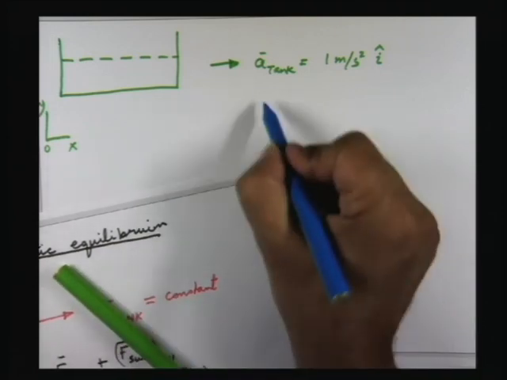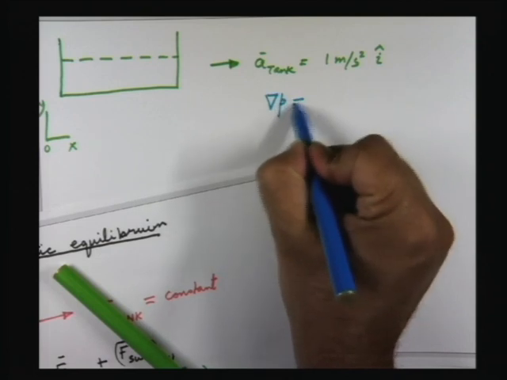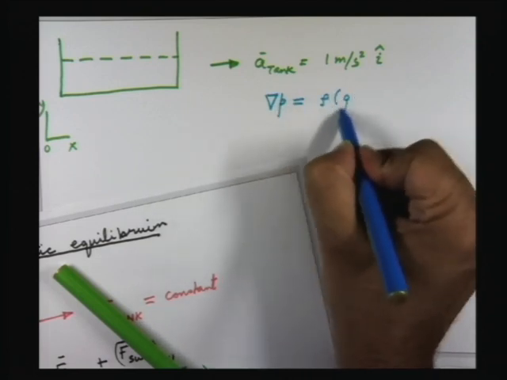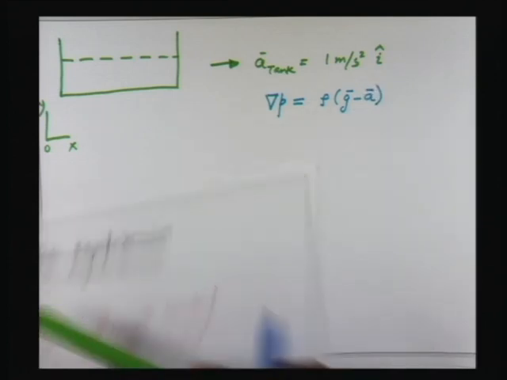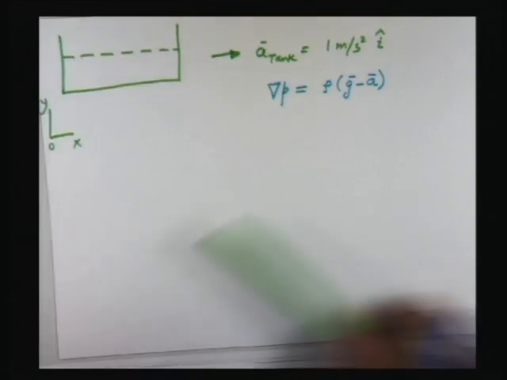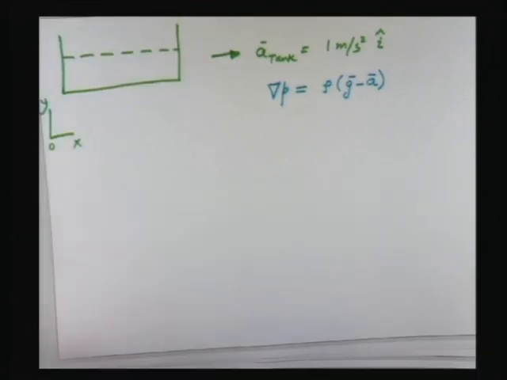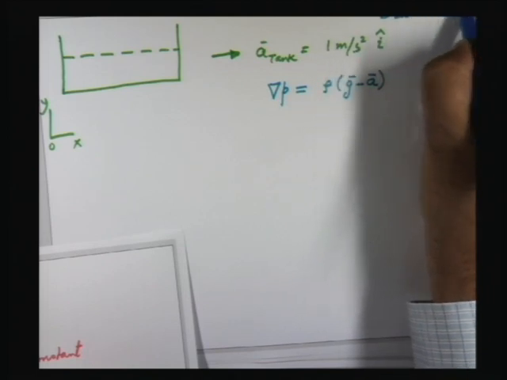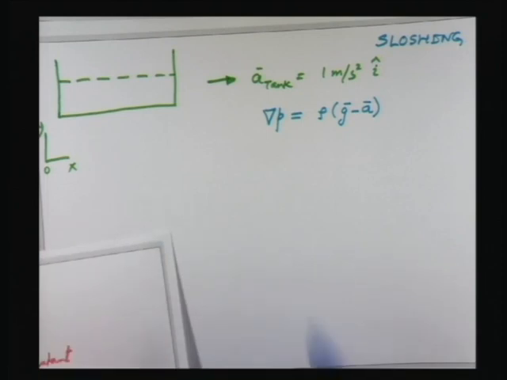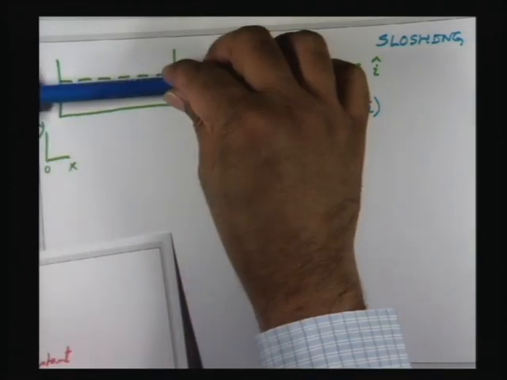Now the equation which we are going to solve is grad p is equal to rho into g minus a. Now once the oscillations of the free surface have died out, that oscillation of the free surface is what is called sloshing. Once the sloshing has died out, it will reach an equilibrium state where this free surface will not be horizontal but inclined.